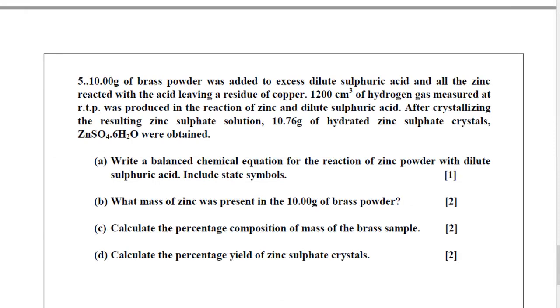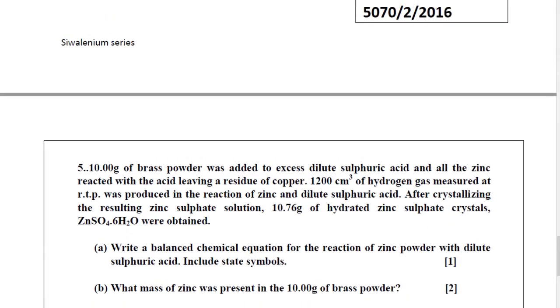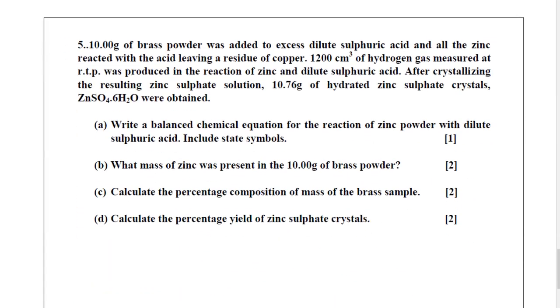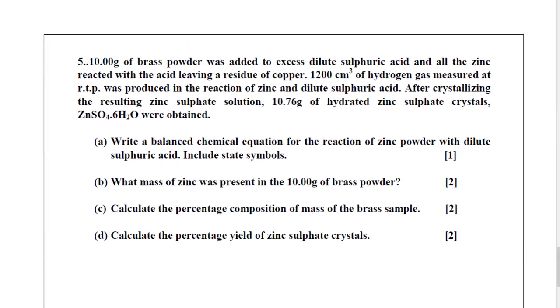The question reads, 10.0 grams of brass powder was added to excess dilute sulfuric acid, and all the zinc reacted with the acid, leaving a residue of copper. 1,200 cubic centimeters of hydrogen gas measured at RTP was produced in the reaction of zinc and the acid.